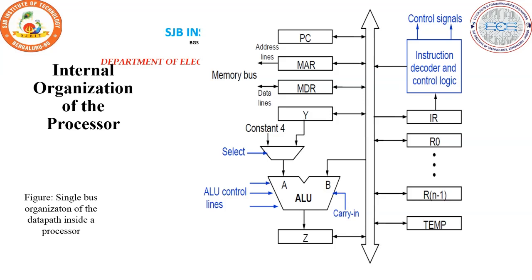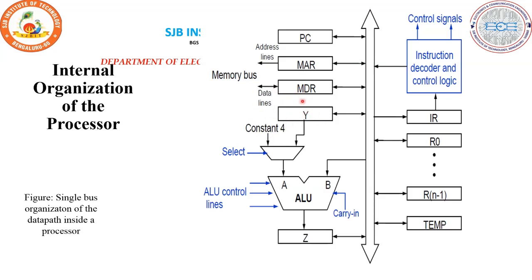The main building blocks of the processor are introduced in this figure, and they can be organized and interconnected in a variety of ways. So let us start discussing the operation of the execution of an instruction. You can see the program counter, memory address register, MDR, Y, and the constant 4.